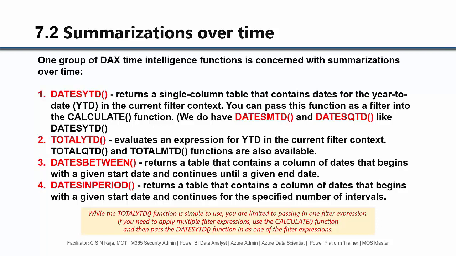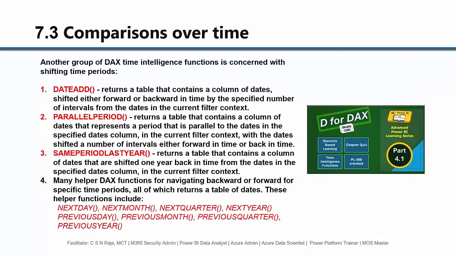The third summarization function is DATESBETWEEN, which returns a table that contains a column of dates that begins with a given start date and continues until a given end date. Similar to that, we have another function called DATESINPERIOD that returns a table that contains a column of dates that begins with a given start date and continues for the specified number of intervals. Another group of DAX time intelligence functions is concerned with shifting time periods.